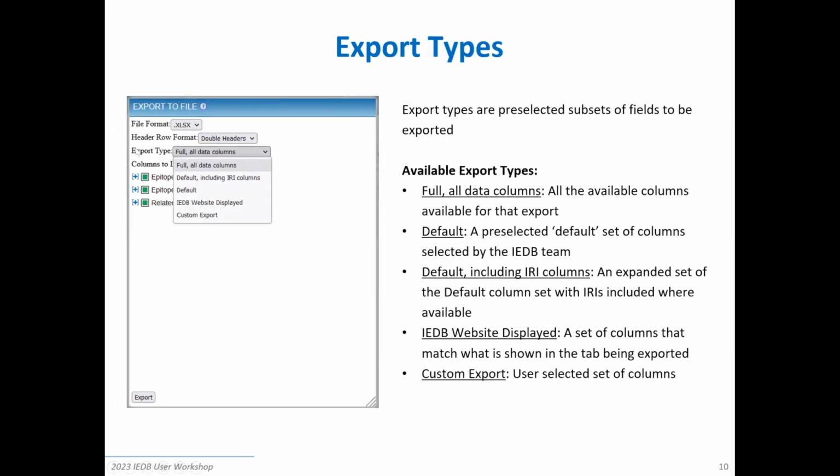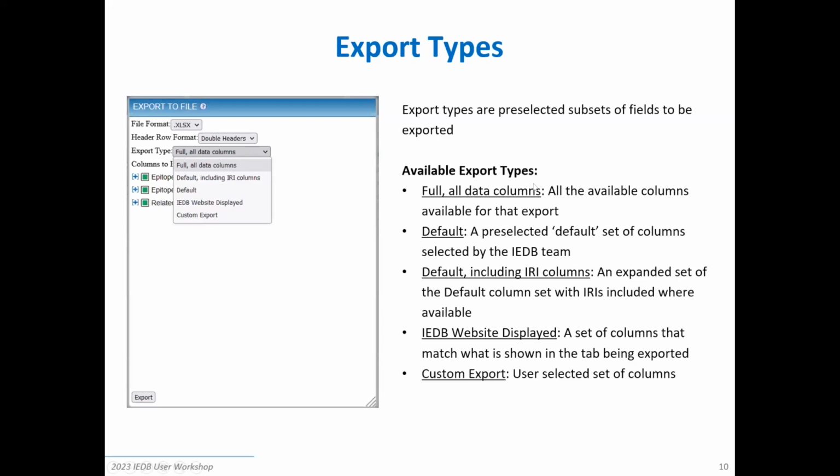The next field we have down is this export type, which is just a kind of a shortcut to let you select a subset of the data that we've thought would be relevant for what would be the standard usage, so to speak, for a user.